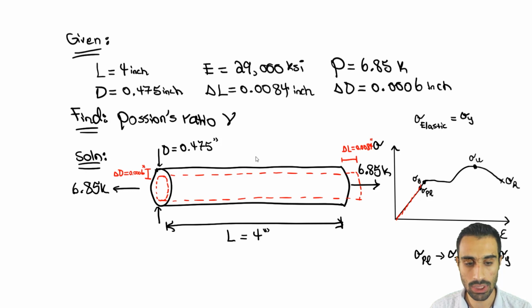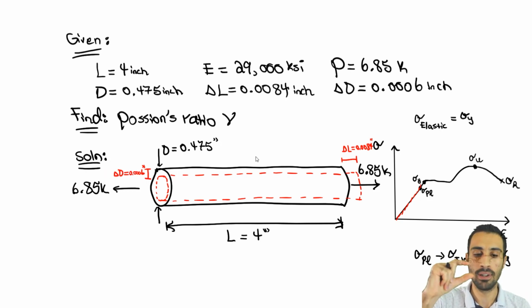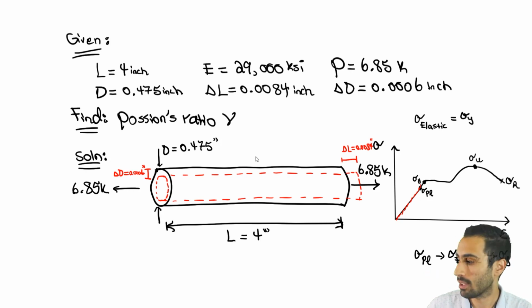We will say that's 0.0006 inches. Now I want to say that this reduces in diameter or in cross section, and I just denoted it at the top. That is fine when we're doing the calculation. It'll get us the answer. But we know this delta D is actually split in half.